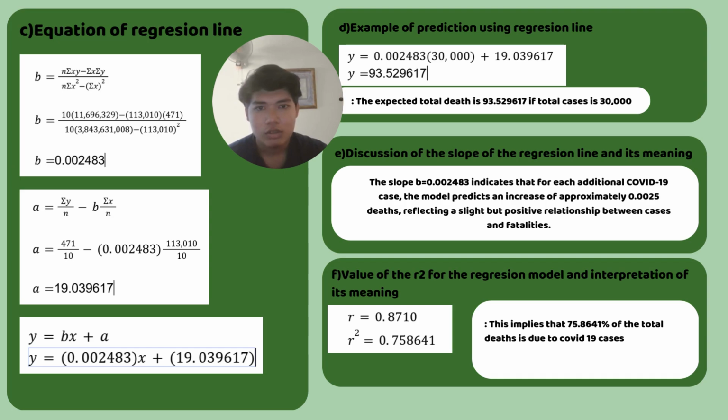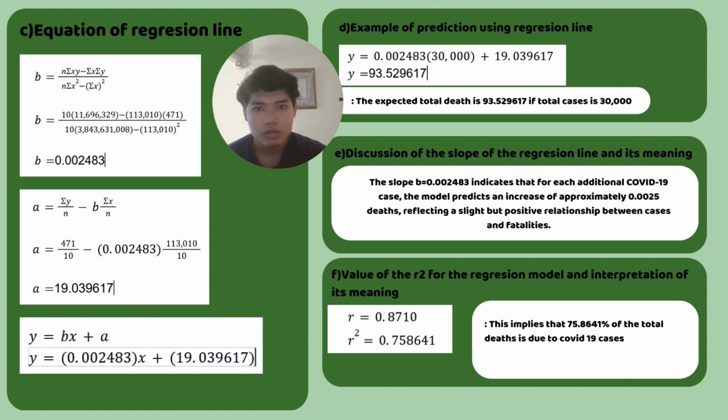And then we can go to the example of a prediction using the regression line. We put in the total case, for example, 30,000 into the formula Y, and then we got the value of Y equal to 93.529617.